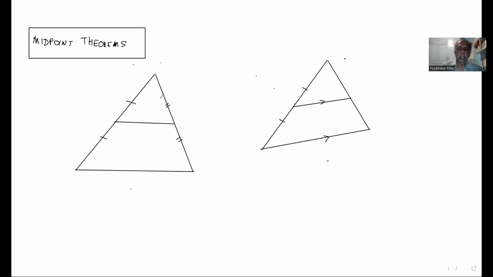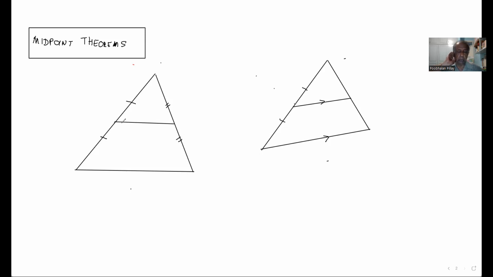So now we go to two theorems on triangles, not on quadrilaterals. And these theorems are called midpoint theorems. So what are these theorems? The first theorem says that if you've got any triangle, as you see here, and you take the midpoints, like this point here is the midpoint of one of the sides, and this point is the midpoint of another side. See, they are equal, so therefore these are the middle points.